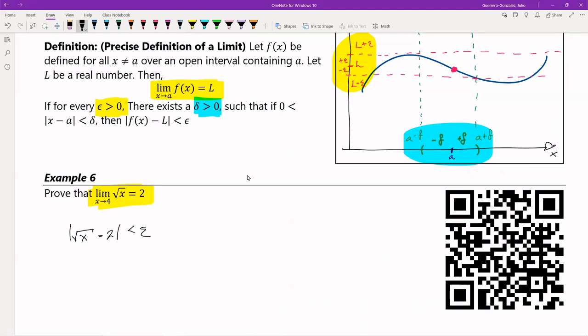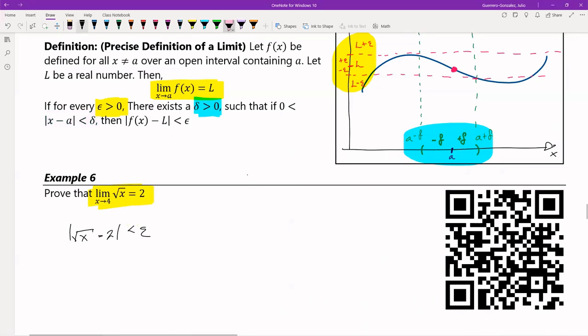And my goal in life, whenever I prove these, is I want to find that delta. The way these usually work is we start off with this portion right here, and then we try to find a delta that satisfies it. Then I'm going to do the proof outright.